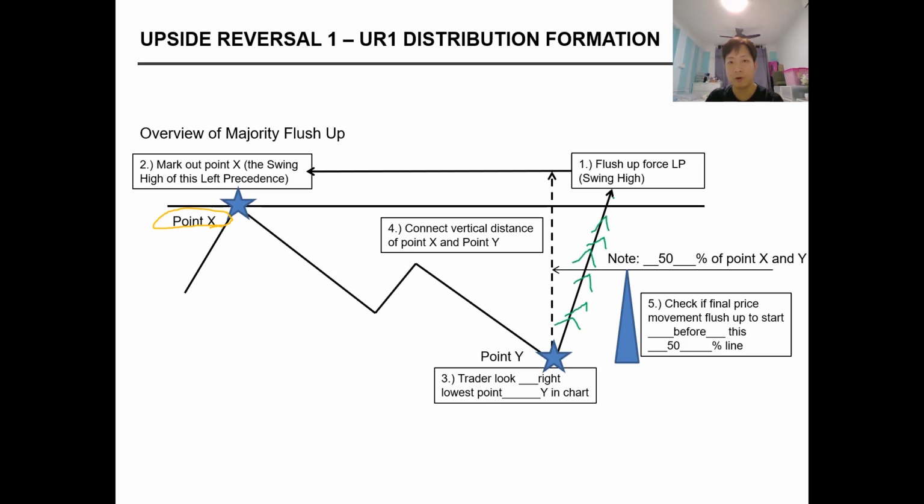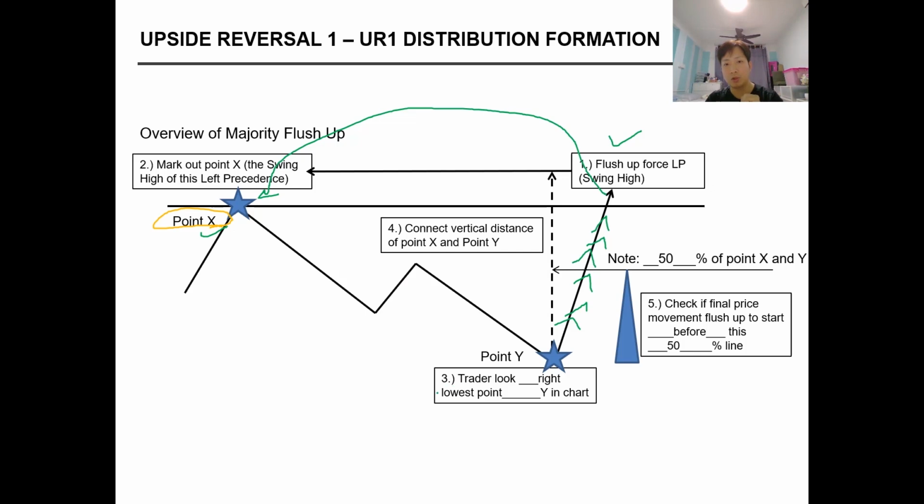You want to see that the price that forces the top, this green is the upside price movement that forces the top, which is the point X, the key swing high level, which is your LP level. So you name this key swing high level as point X. You want to see a rapid price movement to force the top. That's the first step. And then second step, you mark out the LP as point Y.